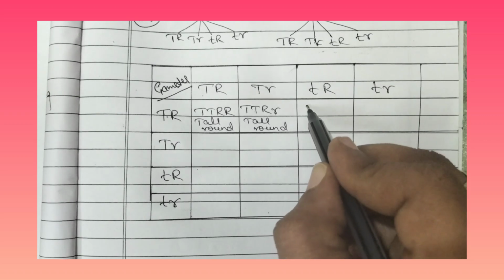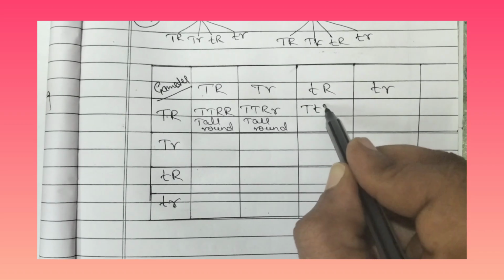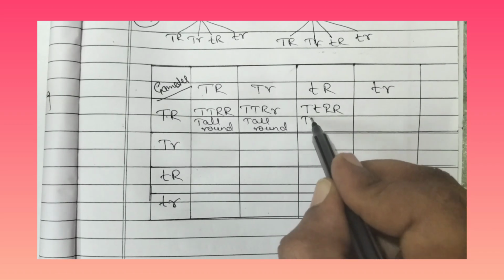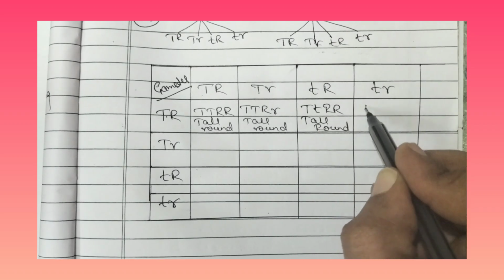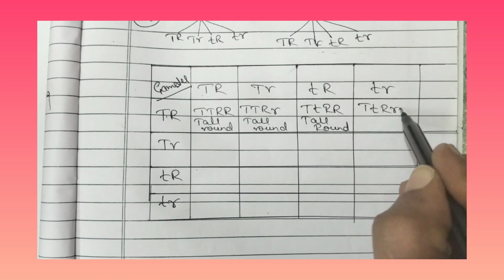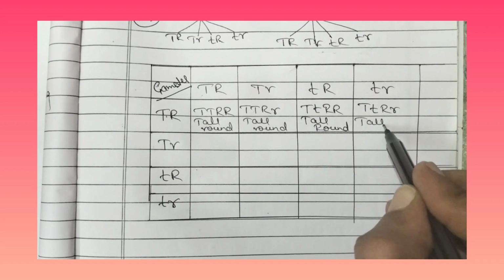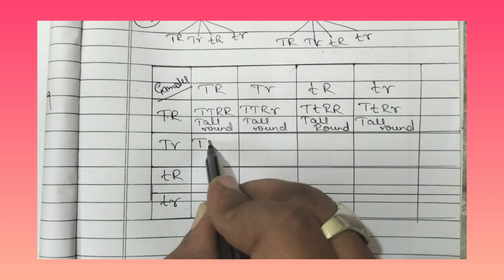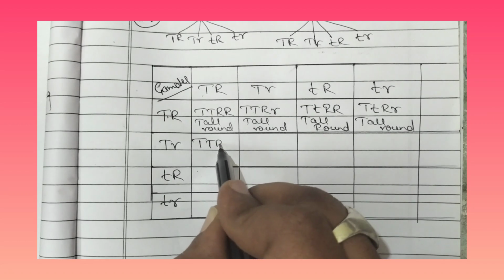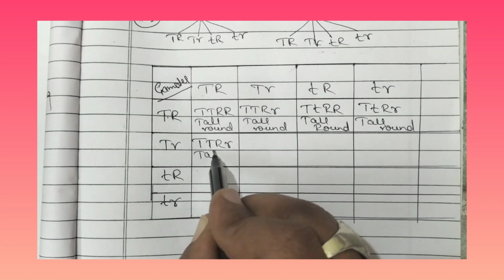So ಇಲ್ಲಿ capital T, small t, capital R, capital T: tall, capital R: round. Capital T, small t, capital R, small r. Again it will be tall, round. Capital T, capital T, capital R, small r. So tall, round.